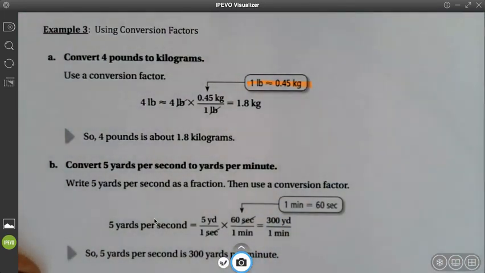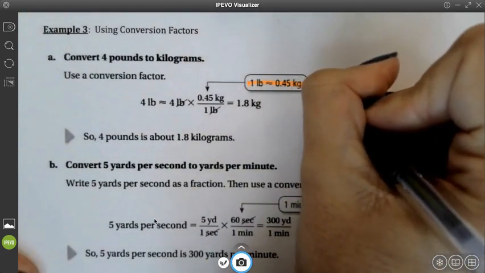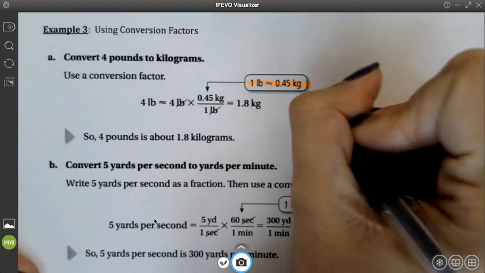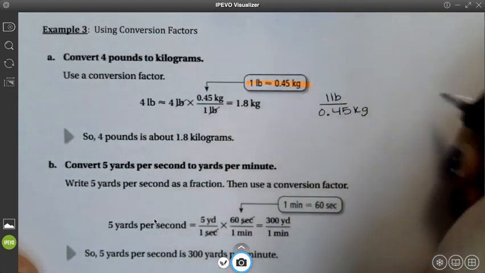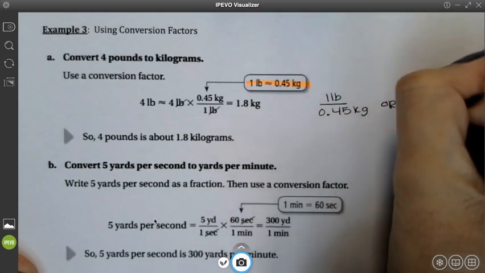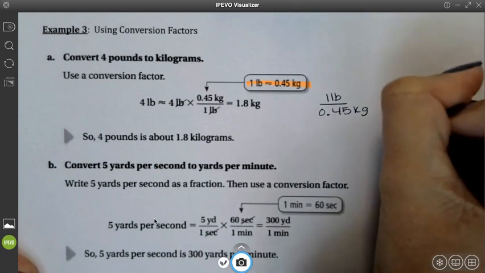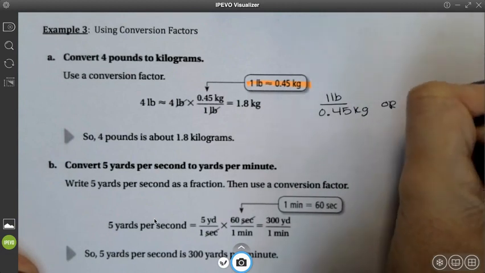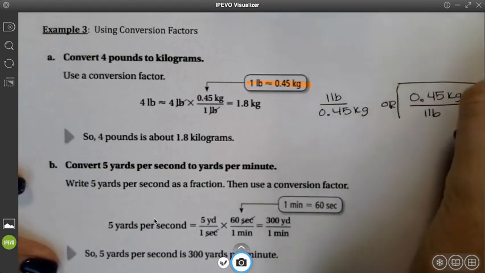And basically, I have an option of writing this in fraction form with 1 pound in the numerator, like this, or writing it with 1 pound in the denominator, like this. And I chose this, and here's why.